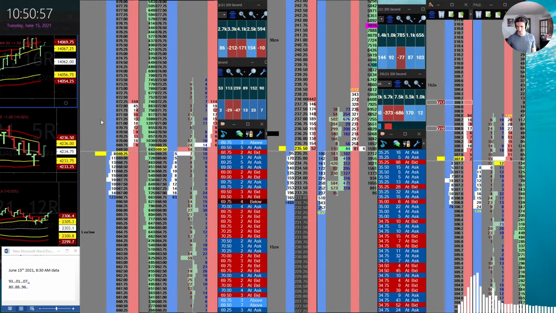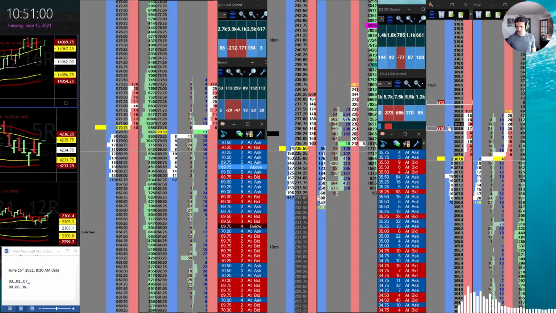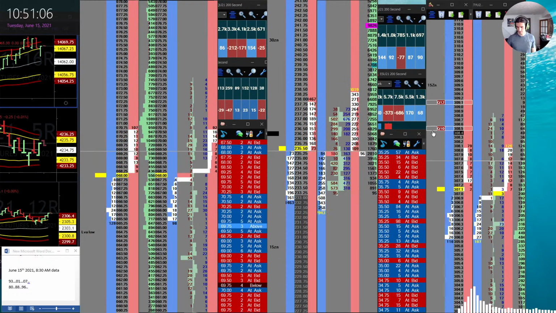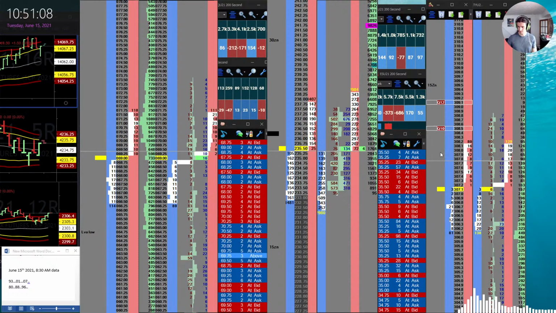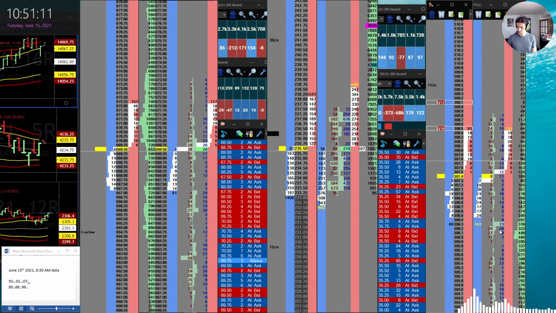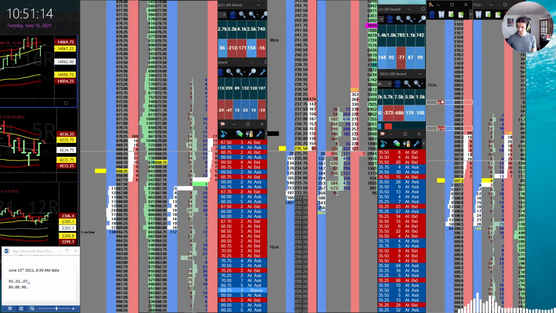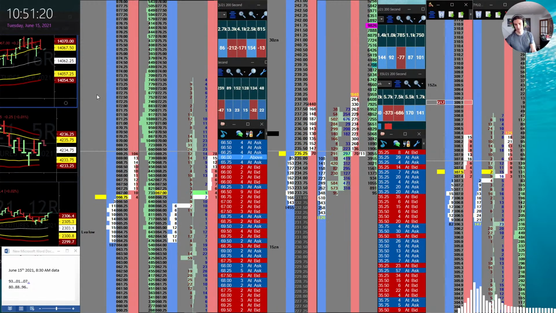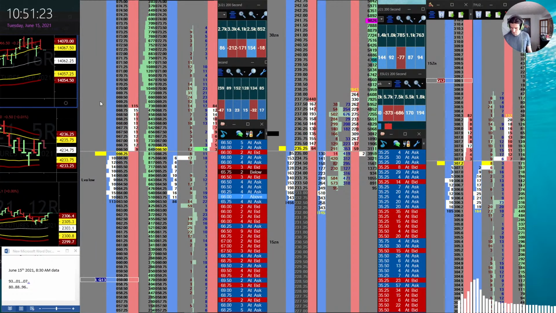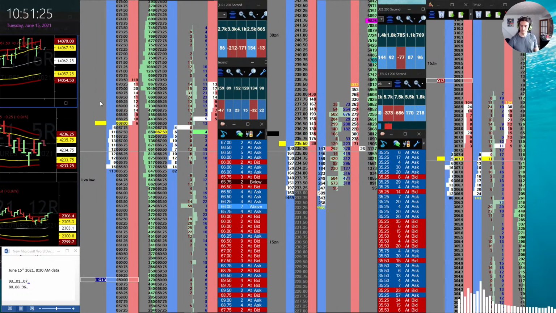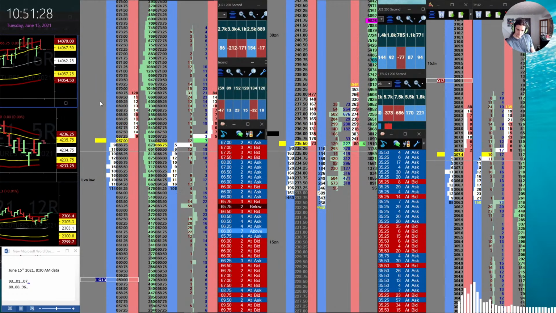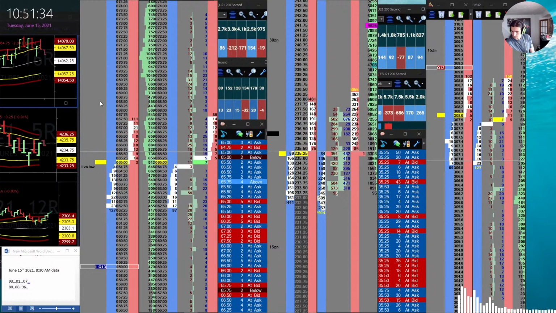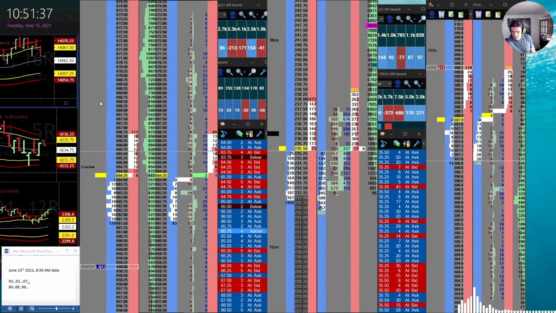So here comes the Russell, slowly inching its way up to the top of this range here. I don't really like how it's moving, I'll be honest with you. Realistically, I think this order is too close. This one looks okay. Oh wait, offers on the ruts.